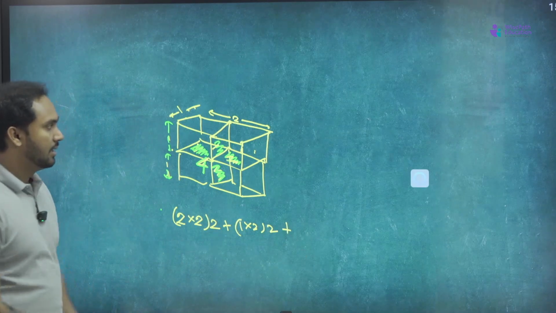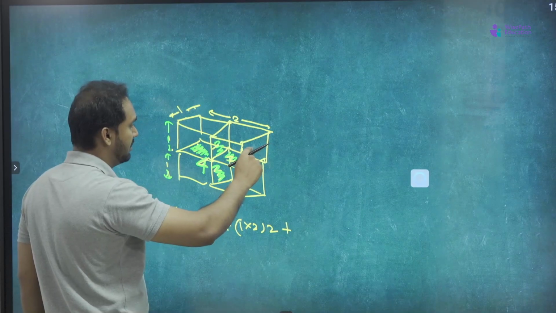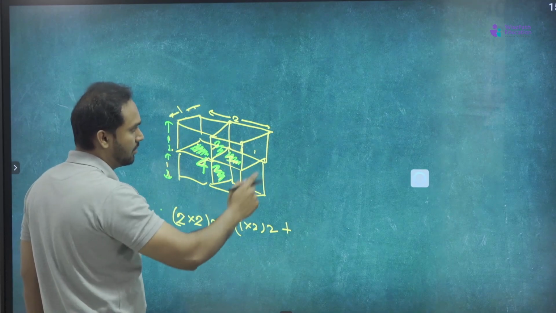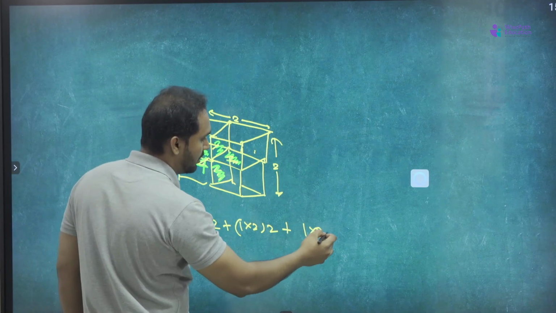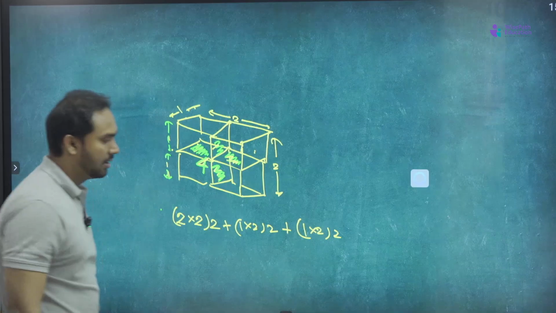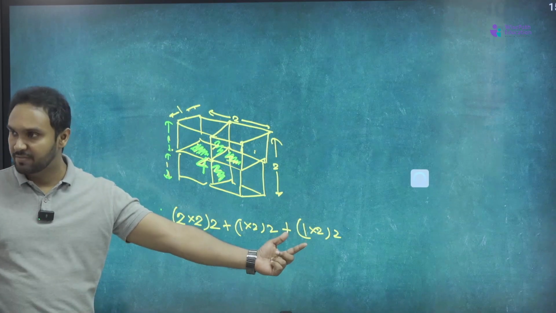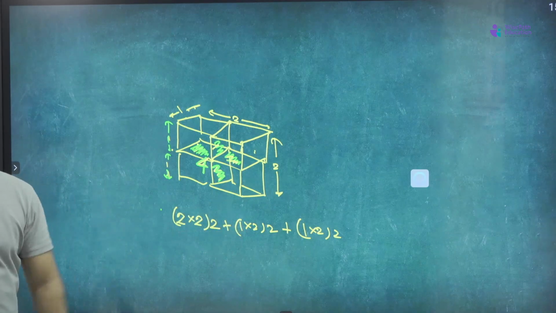Plus this face, this is 1 and this is 2, so 1 into 2 times 2 are there. Anyhow, how many faces do you have? 6 faces should be there. 6 faces are counted and that is it.